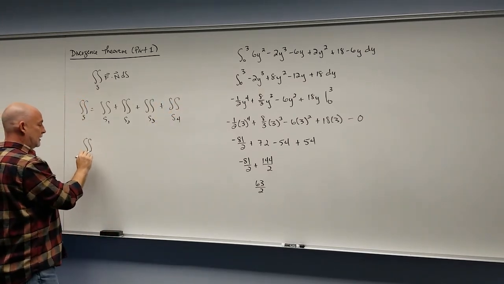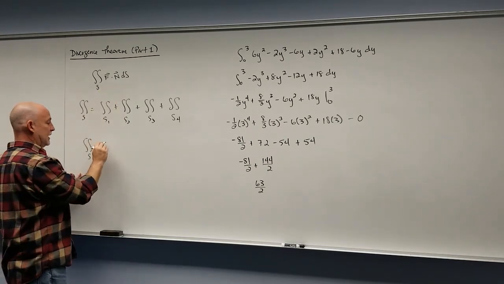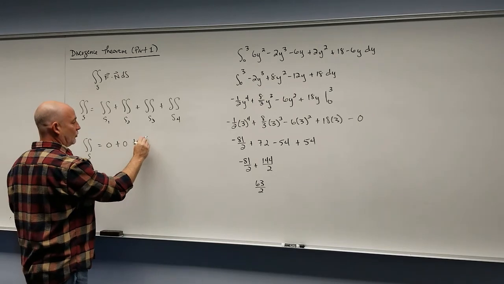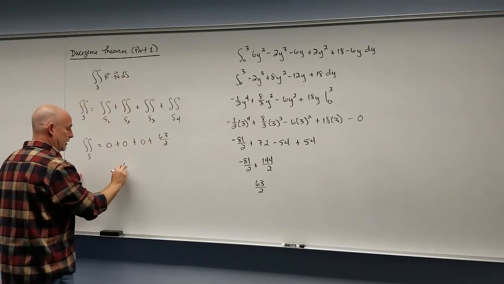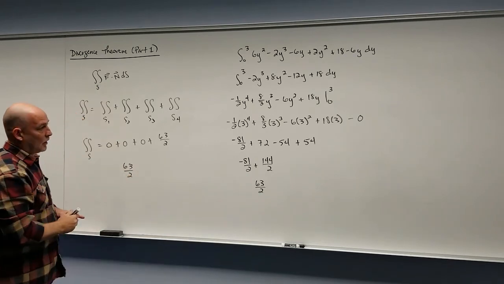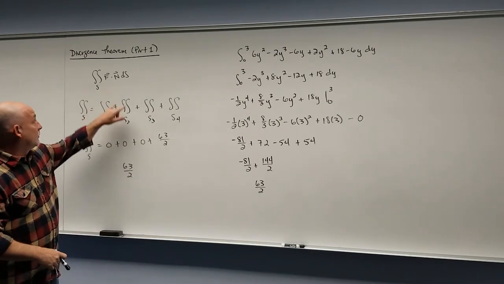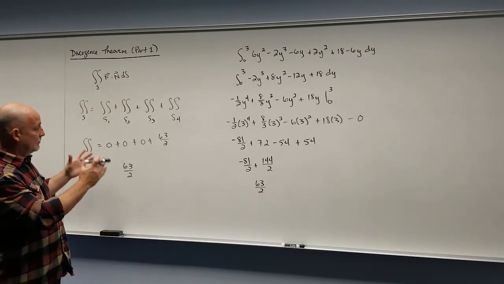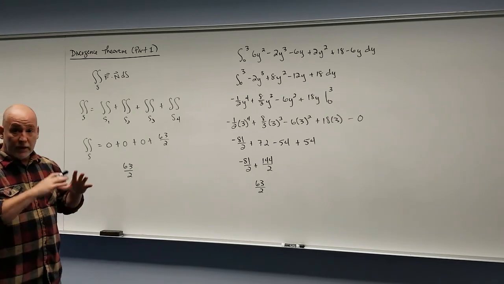So our entire answer, the integral across the entire surface of f dot n ds, is 0 plus 0 plus 0 plus 63/2, or just, I'll write down here, 63/2. All right, so once you find all your surface integrals, your flux integrals across each surface, add them all up, and that will give you the total flux through that volume.